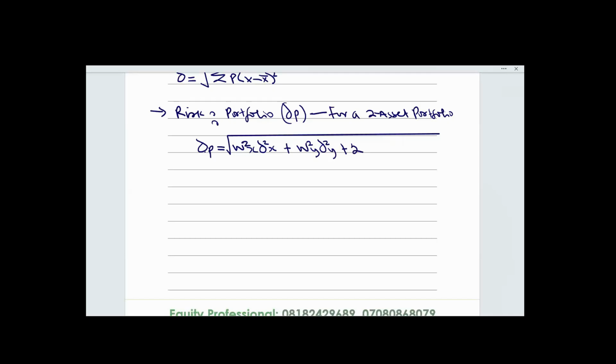2, because we have a two asset portfolio, that is, only two securities in the portfolio, multiplied by the proportion invested on security X multiplied by the standard deviation of security X, multiplied by the proportion invested on security Y multiplied by the standard deviation of security Y. All of that multiplied by the correlation coefficient between security X and Y. So this is the formula for calculating the risk of the portfolio.